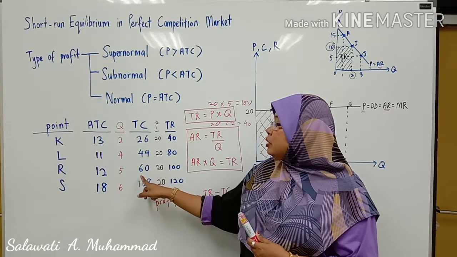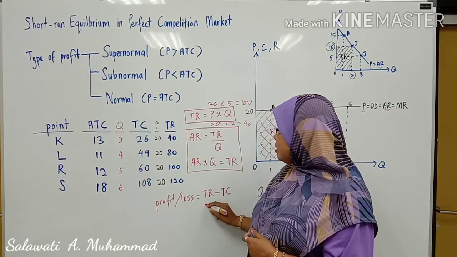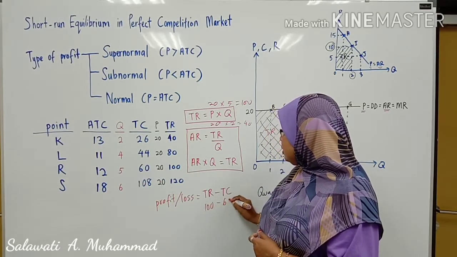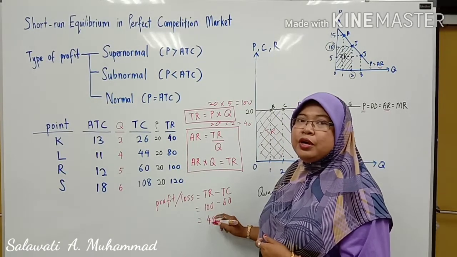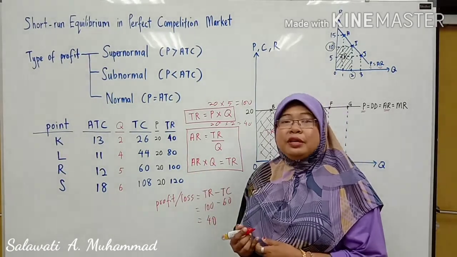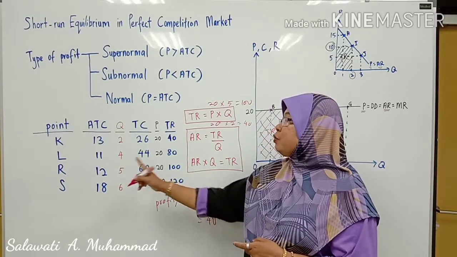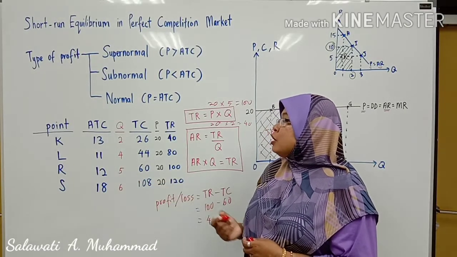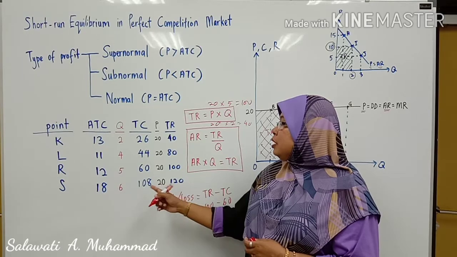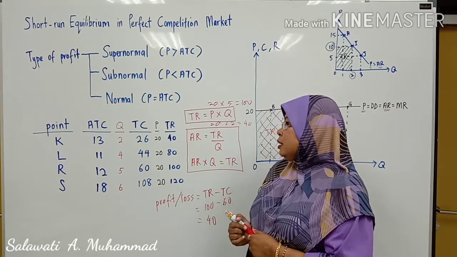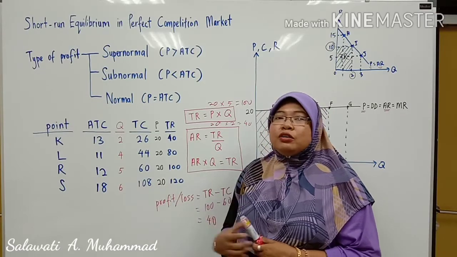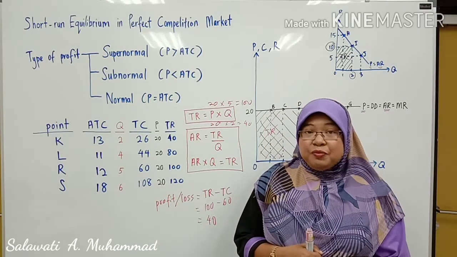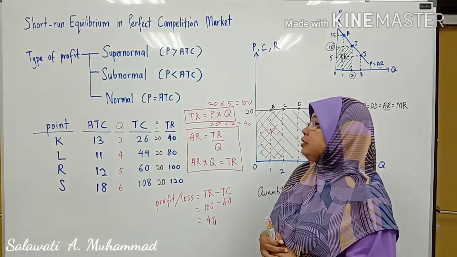So when we subtract 100 with 60, this firm gets a positive value. Yes, this firm earned profit at quantity 5. Quantity 6, total revenue is bigger than total cost. Yes, also a profit.